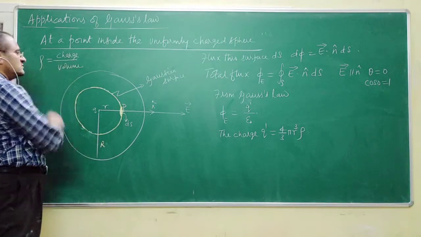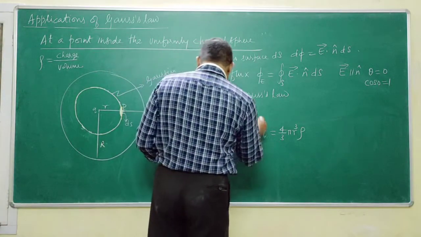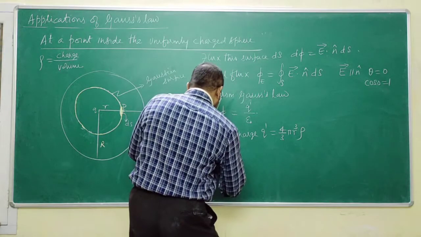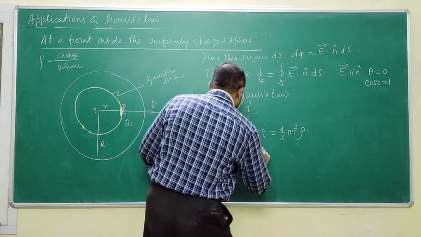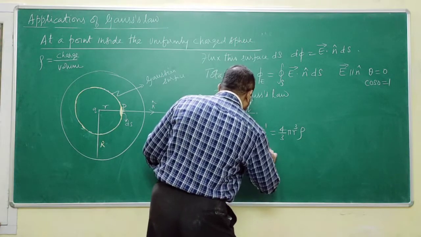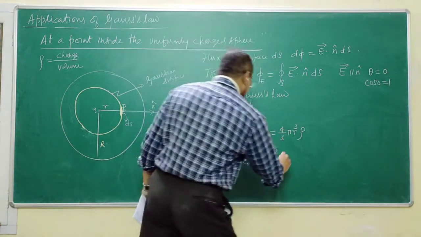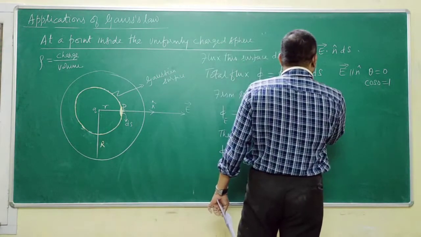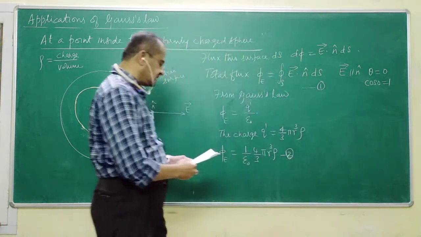Charge is volume into volume charge density. So let me substitute this here. This will become phi E is equal to 1 by epsilon naught into 4 by 3 pi r cube rho. This is equation 2 for me. This is equation 1 for me. Is that okay to you?